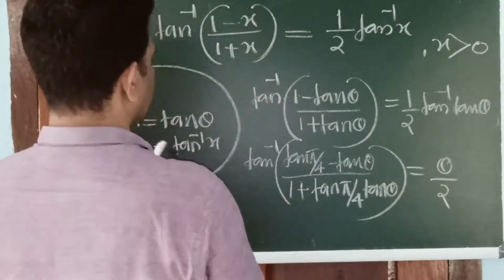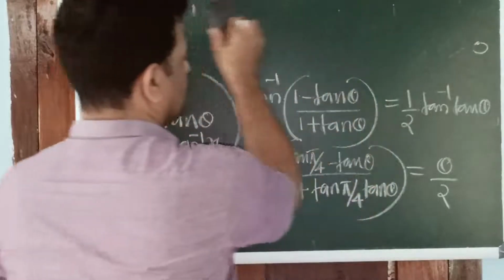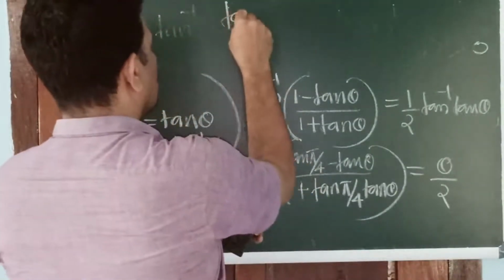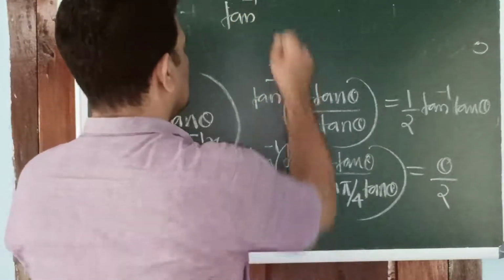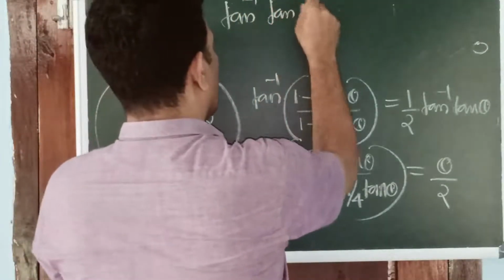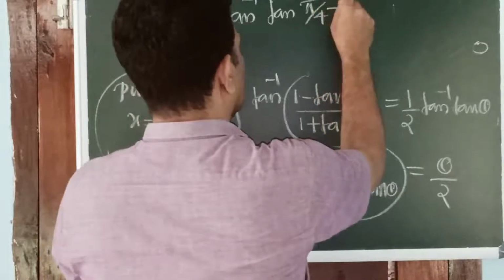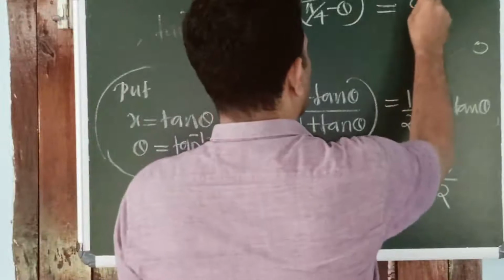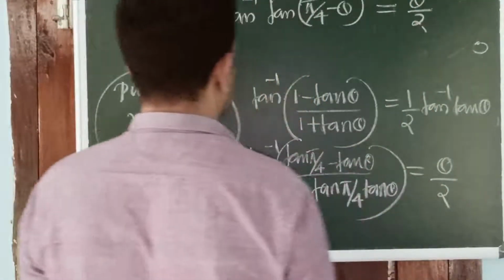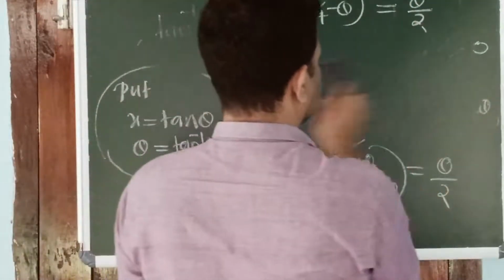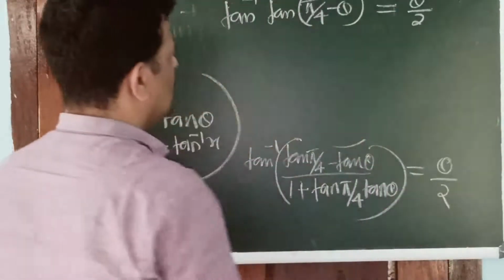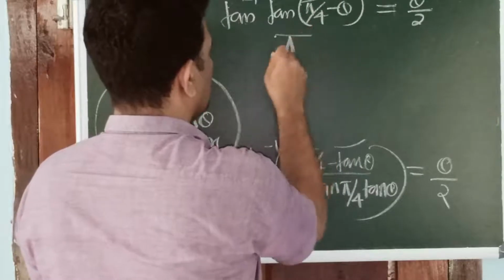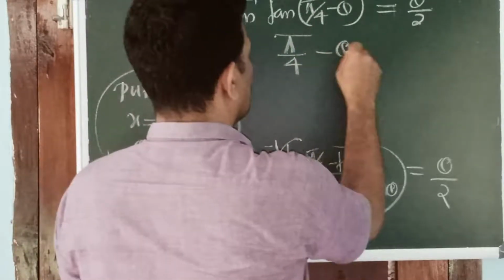Now we can write it as tan inverse tan of pi by 4 minus theta equal to theta divided by 2. Now tan inverse tan is cancelled and it becomes pi by 4 minus theta equal to theta by 2.